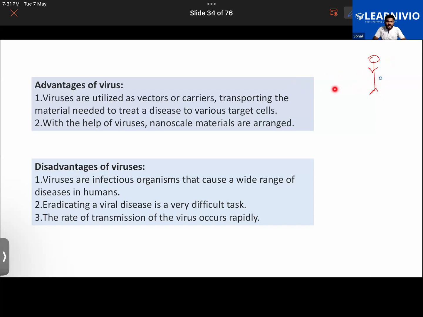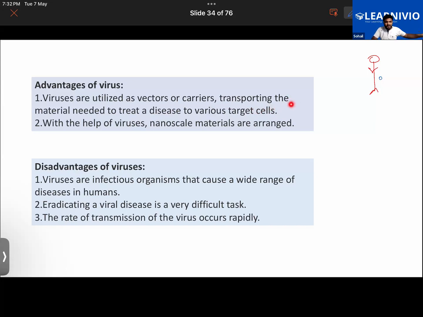So there you can use the viruses as vectors or carriers, just like you had the example of the housefly that was carrying the protozoa from the fecal matter of humans or animals from one place to another, to the food. In a similar manner, viruses will be acting as carriers. They transport the material needed to treat a disease to various target cells. Is this point clear? It is very important.